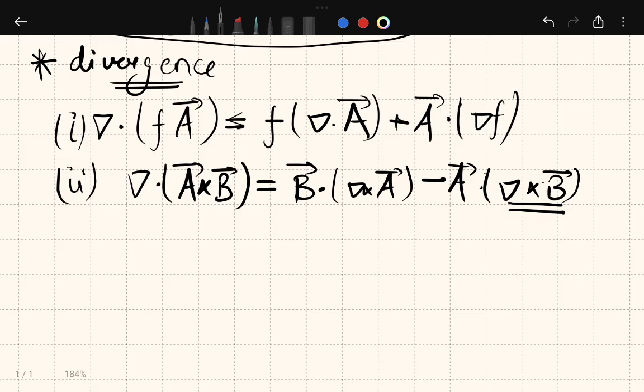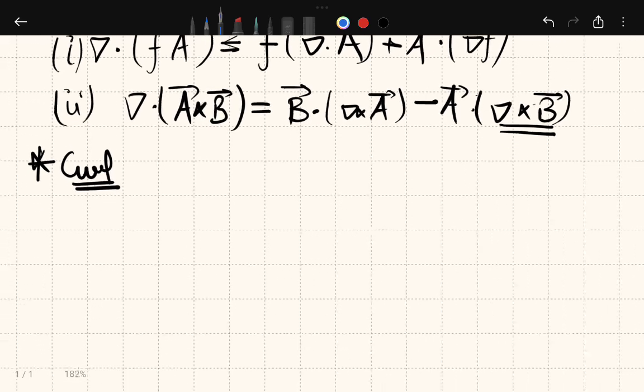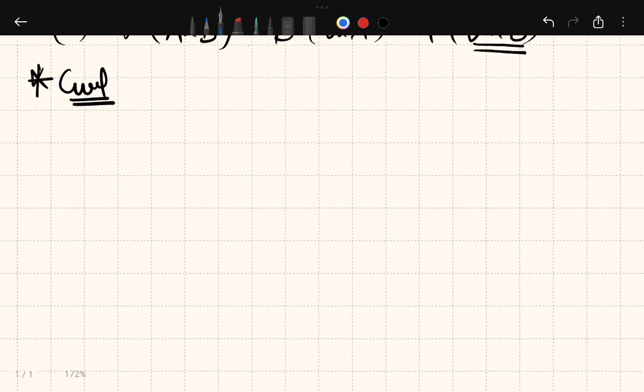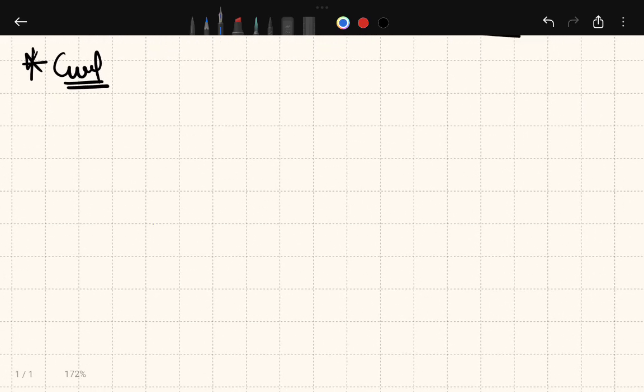Now similarly we have formulas for curl as well. So let's see the formulas for the curl of a vector. The very first formula is curl of f A vector.